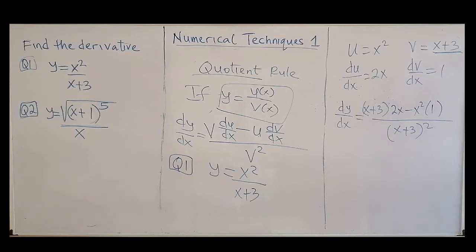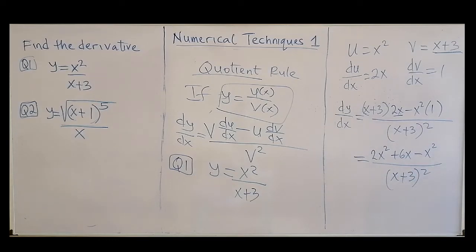So that's done. The next thing is the expansion: this one times this one gives 2x squared, this one times this one gives plus 6x, then minus x squared, all over x plus 3 squared.